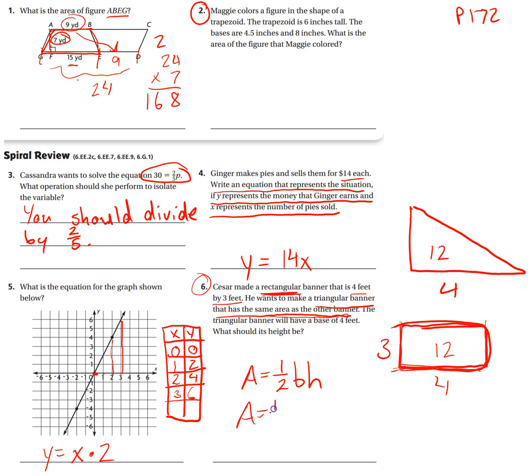So area equals 1/2 times 4 times h. Half of 4 is 2. So 2 times h has to equal the area, and we know the area needs to be 12.